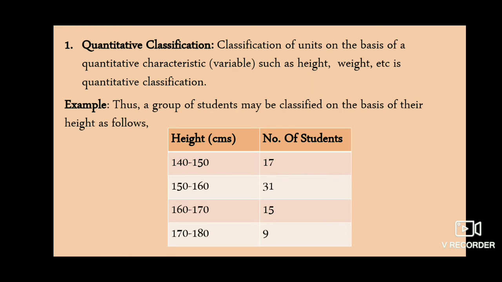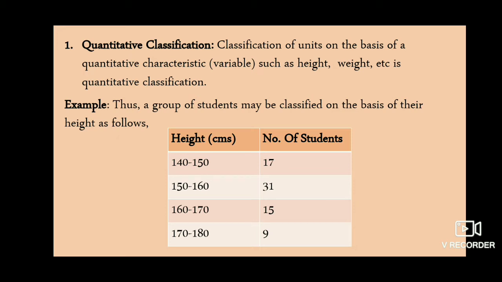The first type of classification is quantitative classification. Here the classification of units is done on the basis of a quantitative characteristic. We had seen in the previous video what we mean by quantitative characteristic. That is, classification of units on the basis of a quantitative characteristic such as height, weight, etc. is known as quantitative classification.